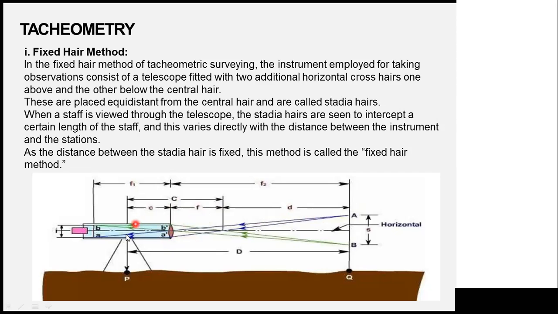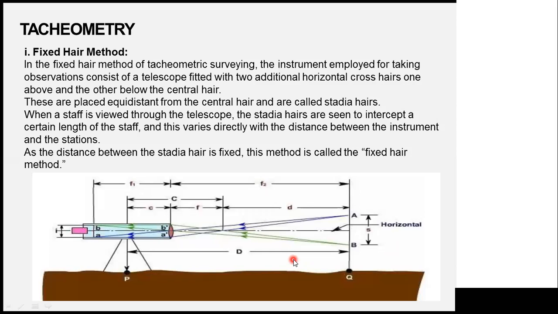The distance between the focal point and the end of the telescope is small c, and small f plus small c will be capital C. So this is the differentiation of all these points, and the final thing is the distance between P and Q, that is your instrument and staff. This reading is capital D. So this is the explanation of this diagram.